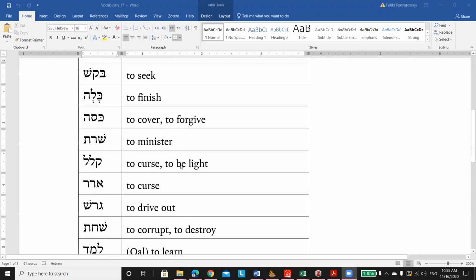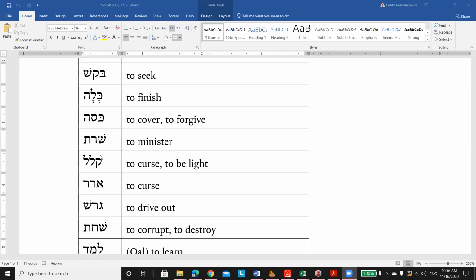Kilel is to curse. This form occurs in Kal as well. And by the way, the meaning of the binyan kal is taken from this root, because another meaning is to be light. So that is why kal is the simplest binyan, or the lightest binyan.